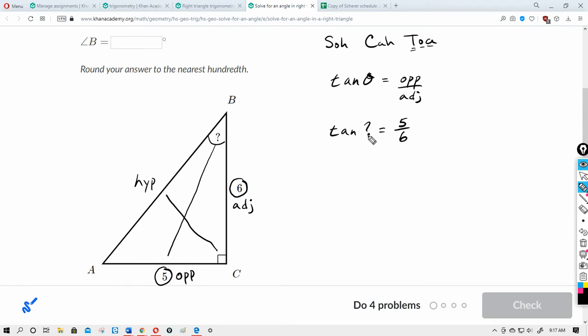Okay, in order to solve for the question mark, we have to take the inverse tan or arctan on both sides. So this tan to the -1, this -1 is not an exponent. This just means inverse tan.